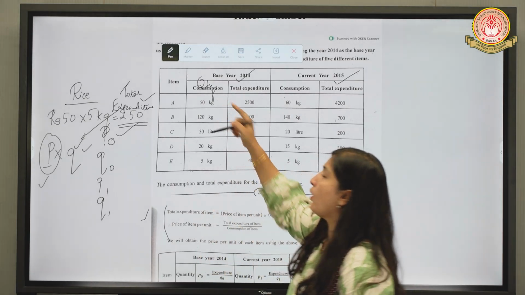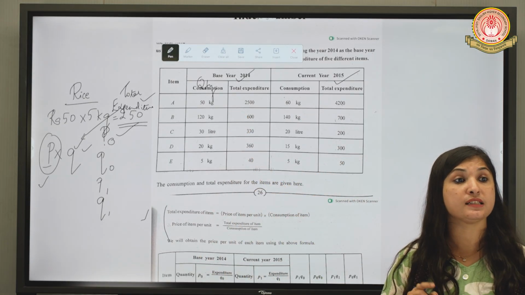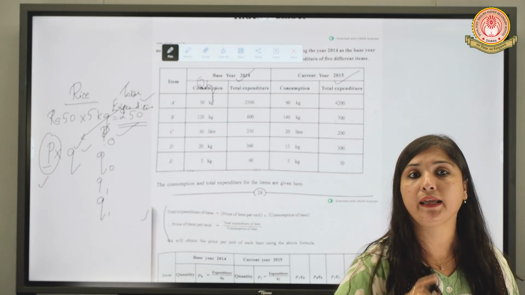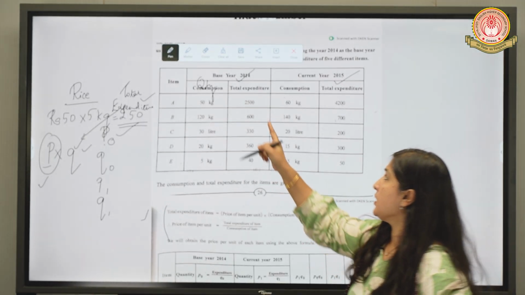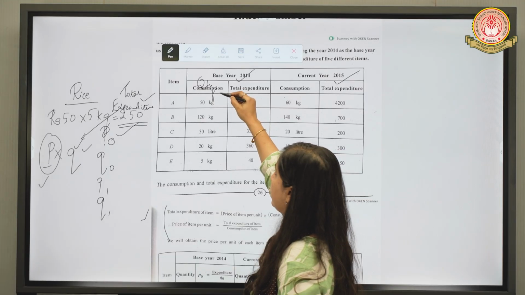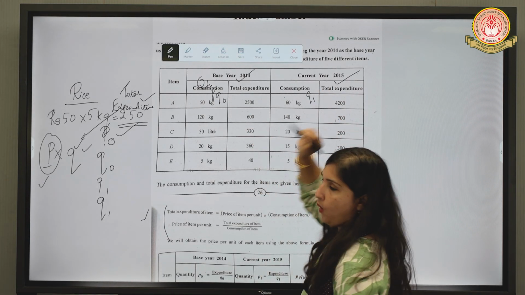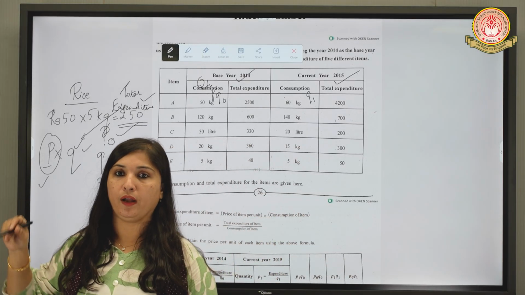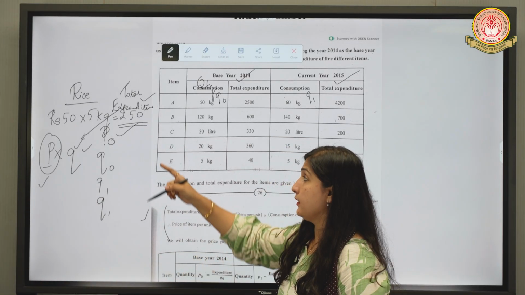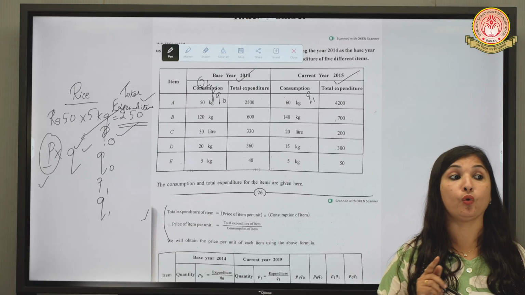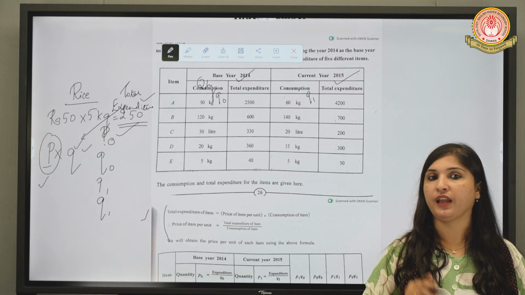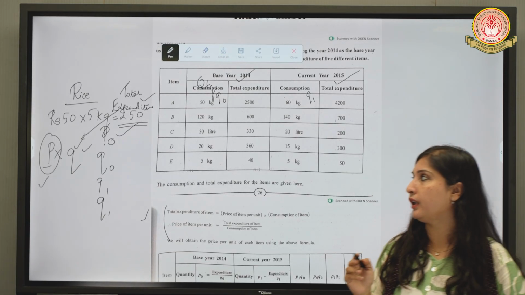In this question, consumption is given, so quantity is already given to you. This is the quantity of the base year. So we will write here Q0 and this is Q1. But for finding last year's, past year's and Fisher's, we don't have price, so we have to find the price, and it is very easy to find the price, right?